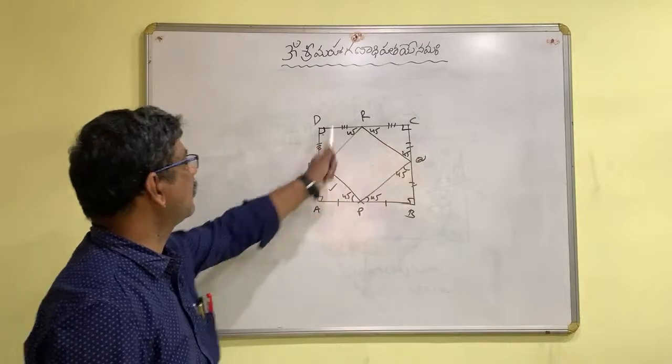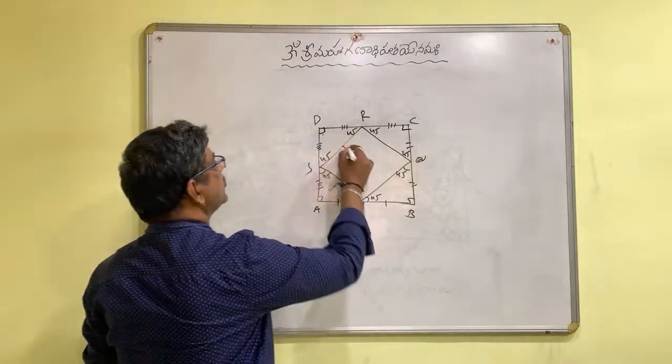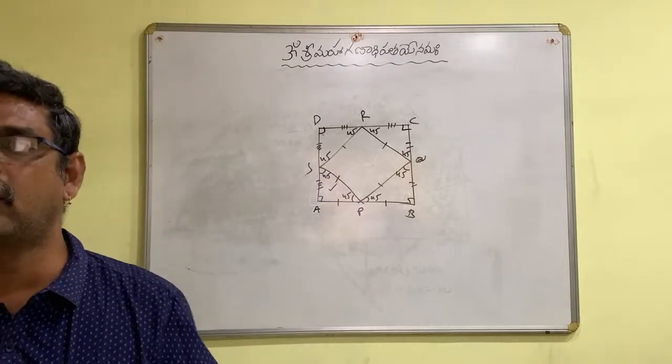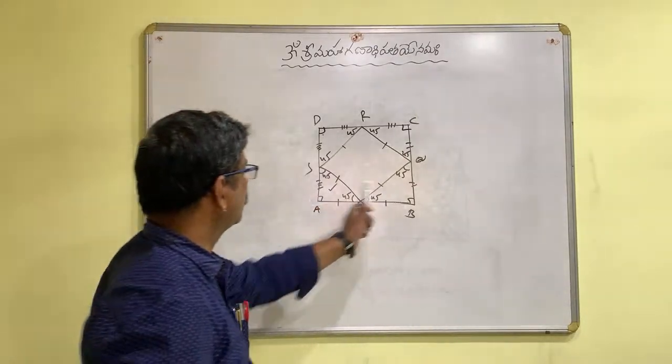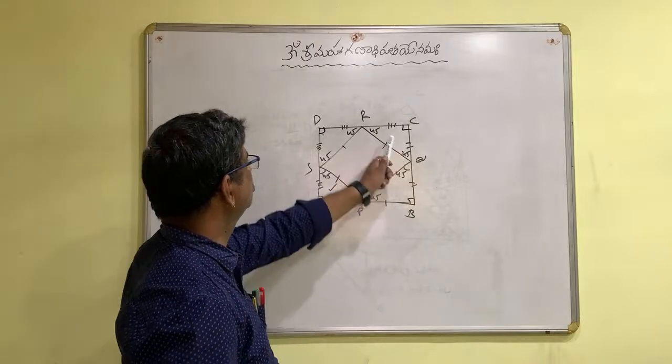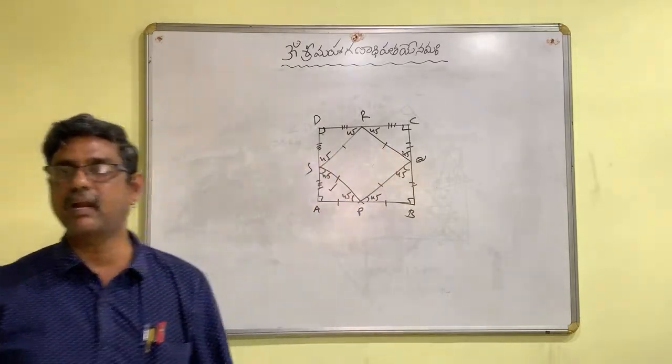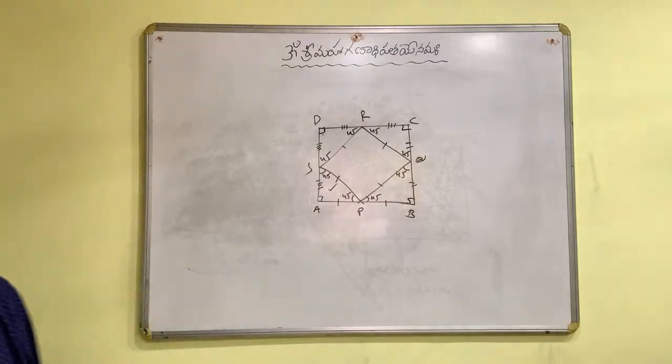All these triangles are congruent, so all these sides are also equal. These two are congruent, these two are congruent. So all the sides of PQRS are equal.